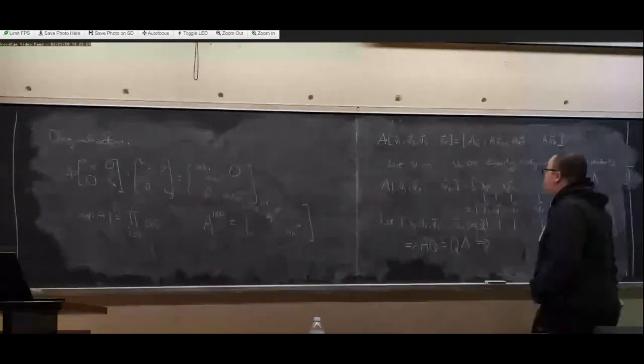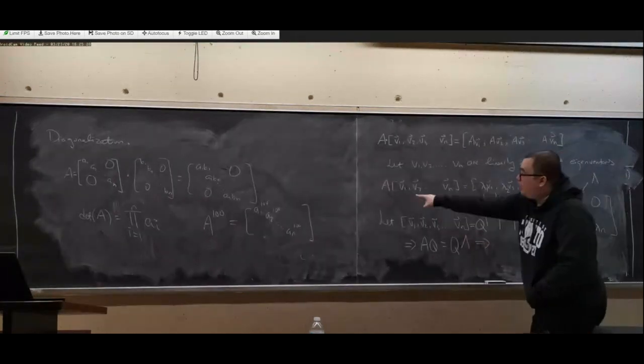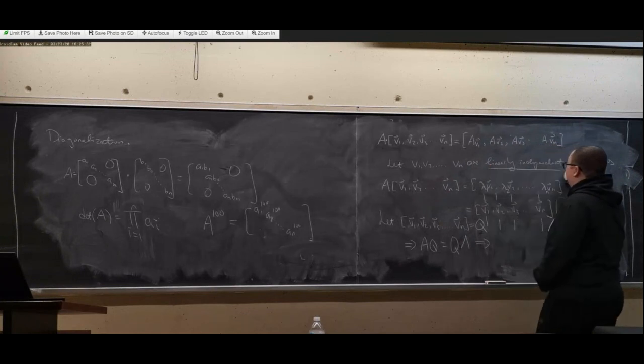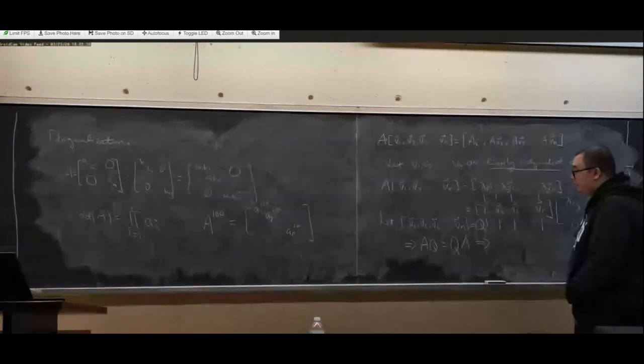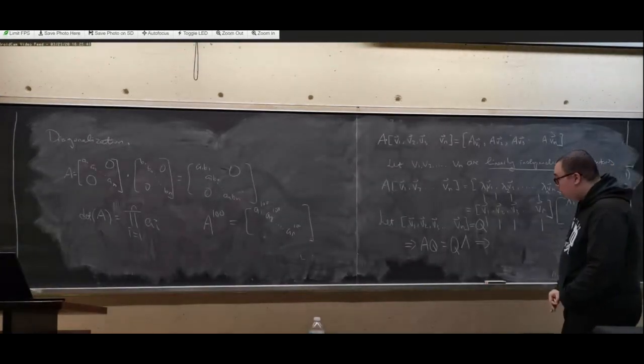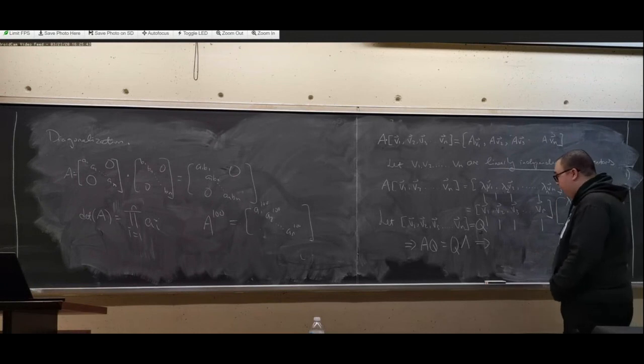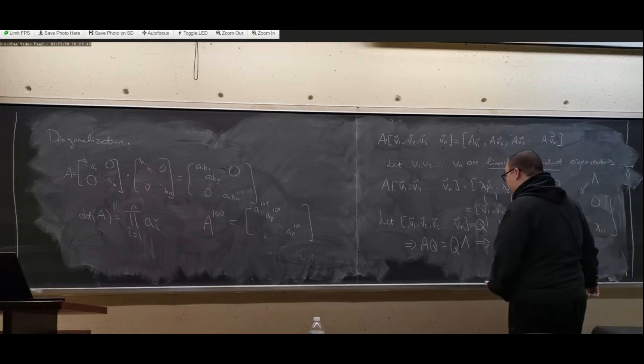Now, remember that every single one of these eigenvectors is linearly independent, right? Then a matrix composed of all of these linearly independent column vectors is going to be invertible. Therefore, Q inverse does exist.